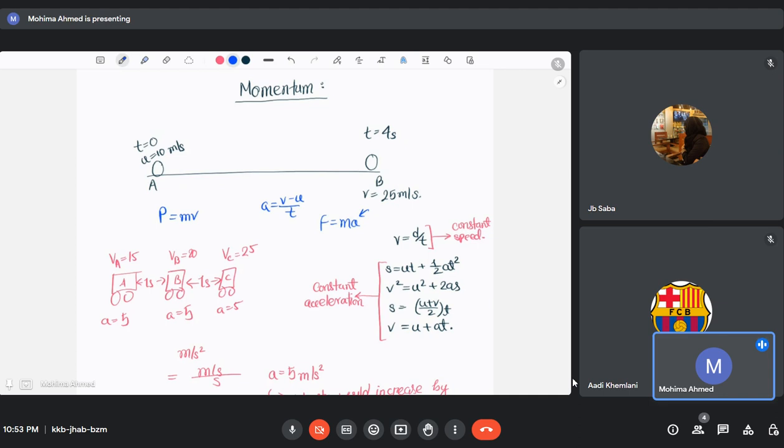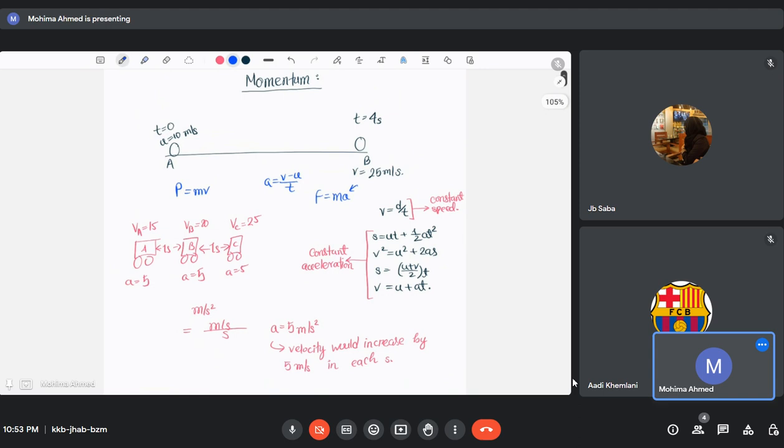Is the difference clear between force and momentum? Any questions till now?